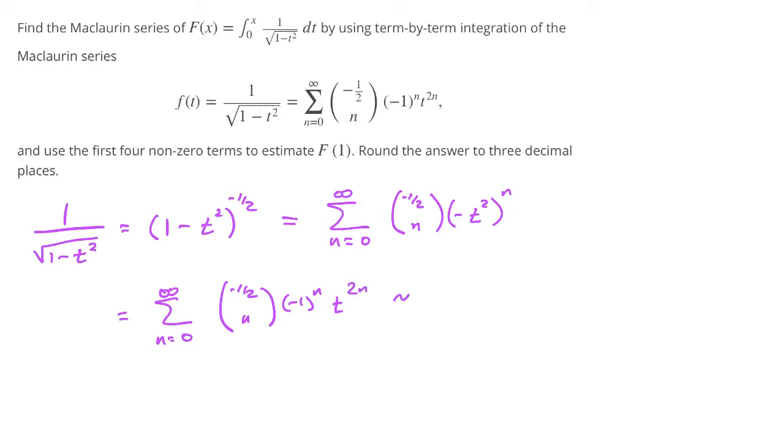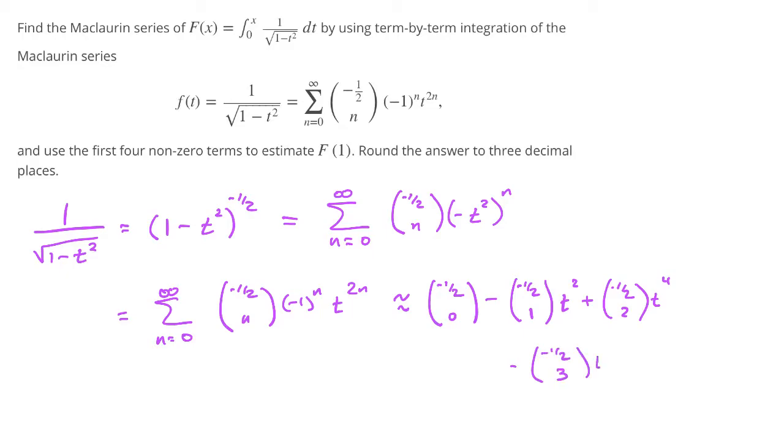We can approximate this with the first 4 terms: negative 1/2 choose 0, minus negative 1/2 choose 1 times t squared, plus negative 1/2 choose 2 times t to the 4th, and then finally minus negative 1/2 choose 3 times t to the 6th power.